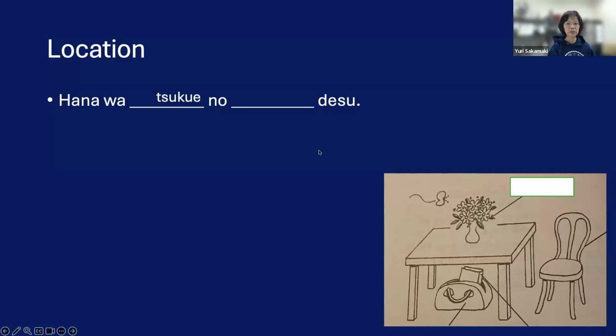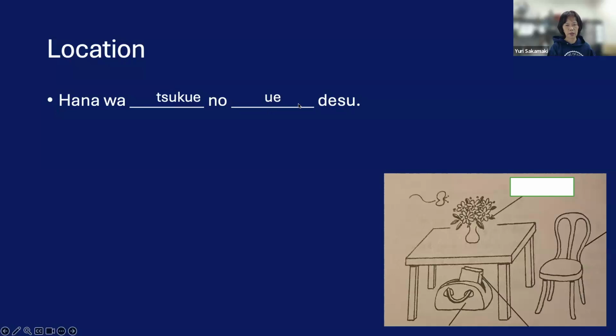So we're going to say tsukue, the reference point first. And then we are following up with the location word. So, hana wa tsukue no ue desu. So the literal translation would be, as for flowers, they are, desk's top.